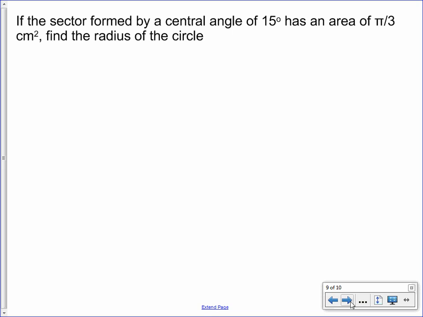Okay. So last example, we have a sector formed by a central angle of 15 degrees, and it has an area of pi over 3 square centimeters. Find the radius of the circle. Okay, so we know that our angle is 15 degrees, and we know our area is pi over 3 square centimeters.